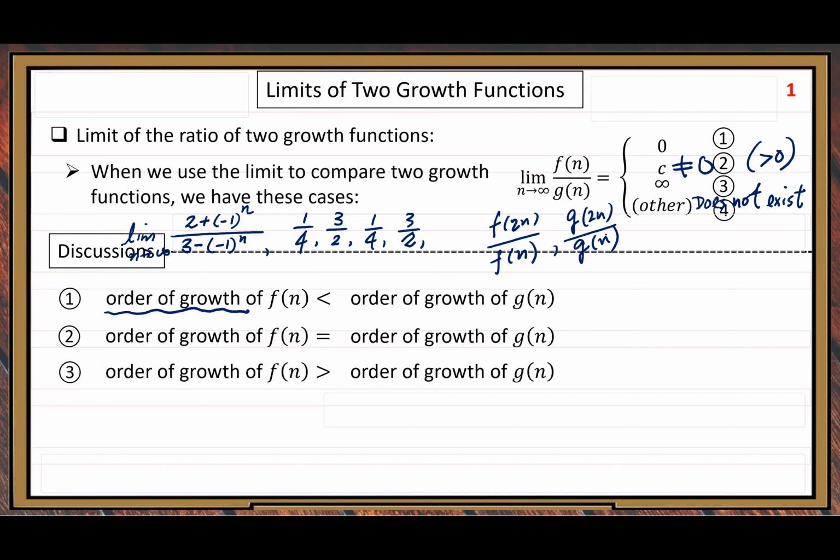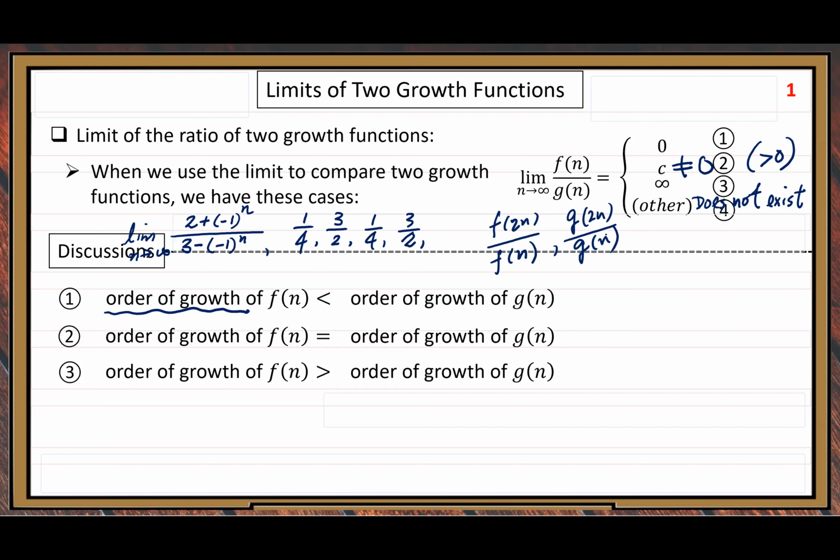Case 3, order of growth of f of n is greater than order of growth of g of n. This time, the f function grows faster, increases faster. Infinity, f of n dominates g of n. So it should have higher growth order.